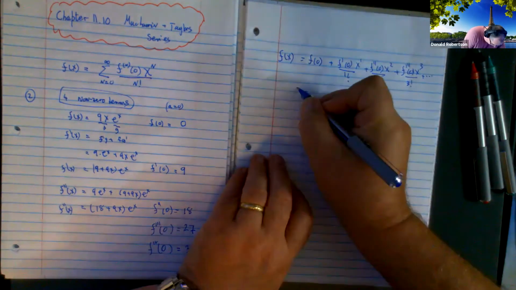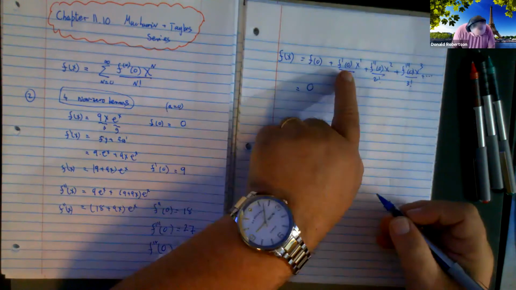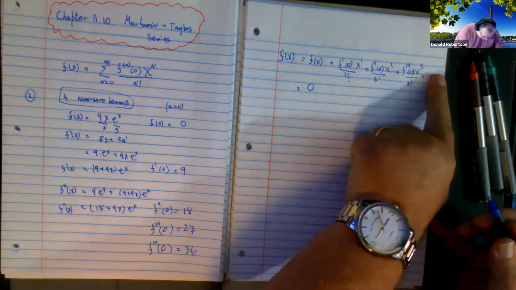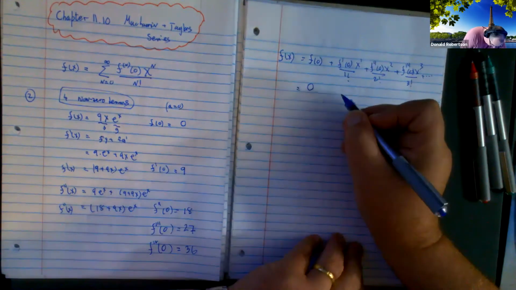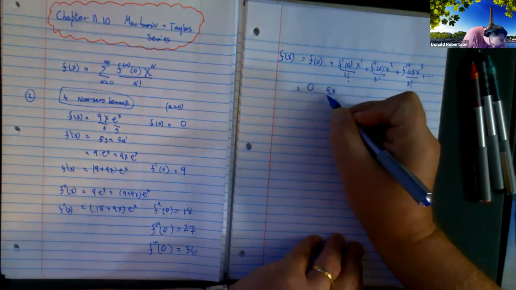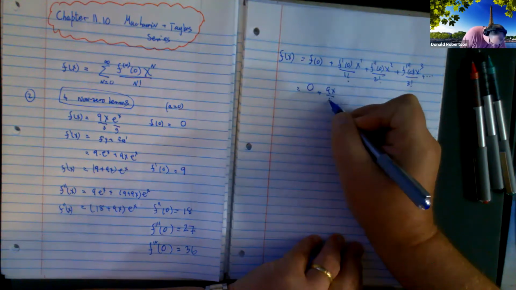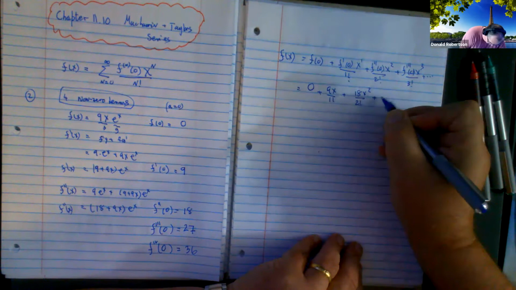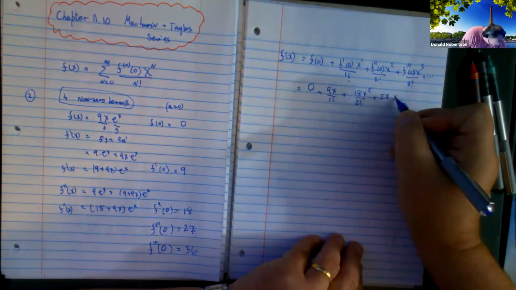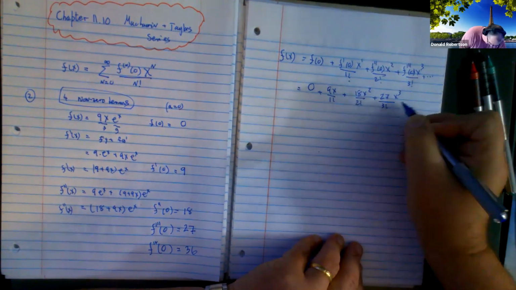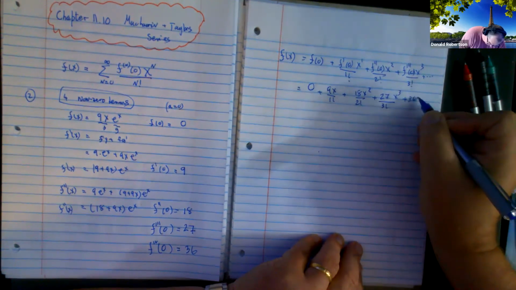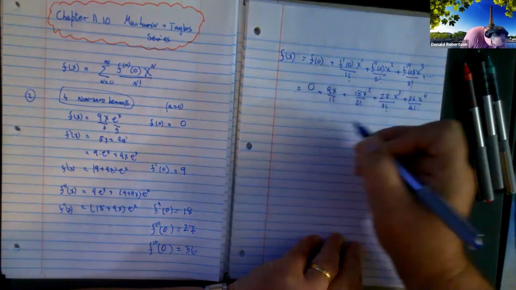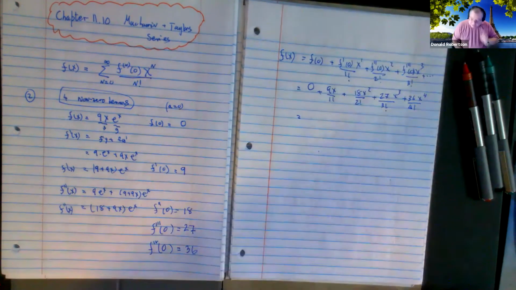Now, I know this guy is 0, but that guy is 9, that guy's 18, that guy's 27, and if I'd written the next one, he would be 36. So I should be able to say 9x over 1 factorial, 18x squared over 2 factorial, 27x cubed over 3 factorial, and finish with 36x to the 4 over 4 factorial.